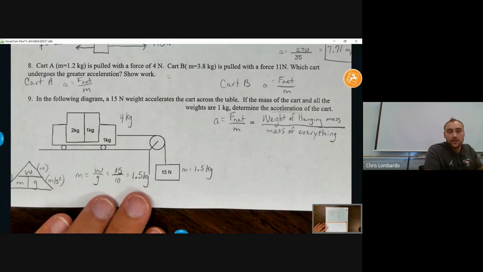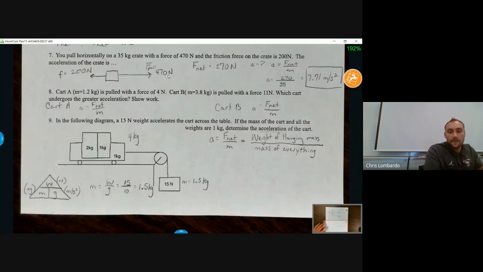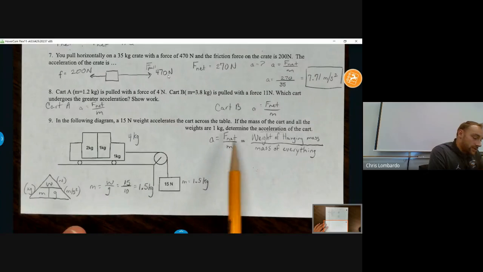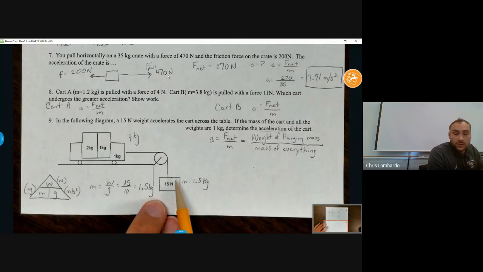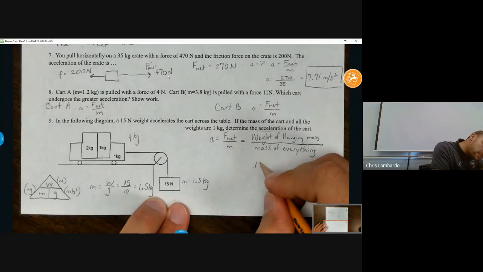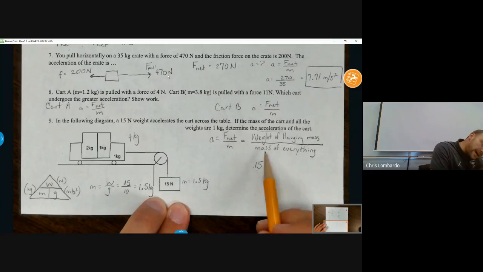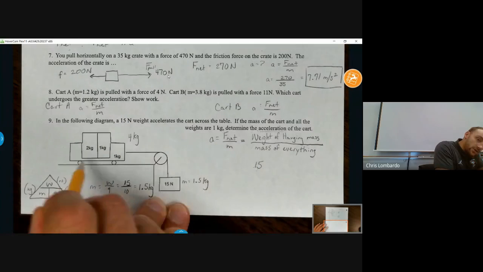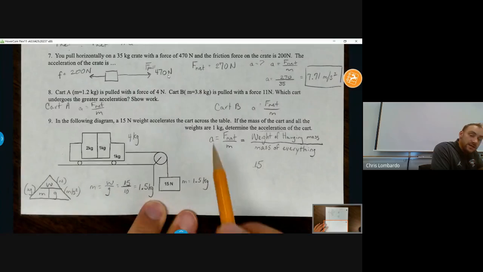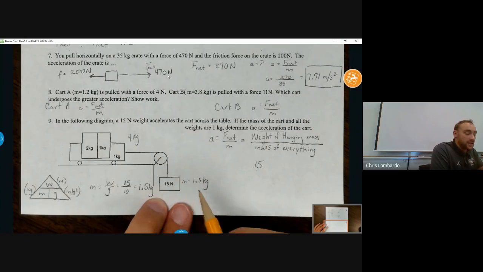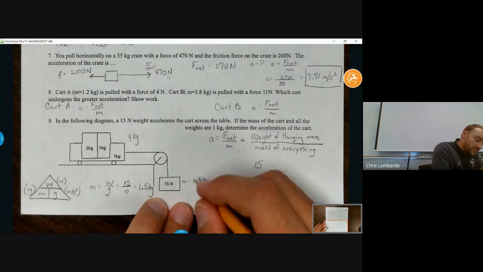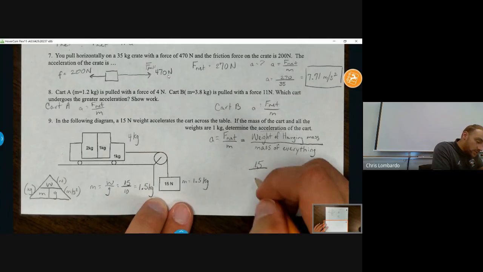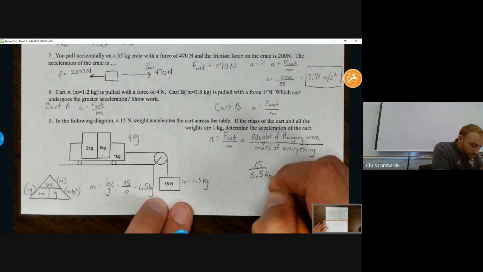If I zoom out for a second so we can see here, the acceleration is the net force, the weight of the hanging mass, which is given to us as 15 newtons, over the mass of everything: the mass of the cart, the blocks in the cart, plus the mass of the hanging block itself. So it's the 4 kilograms plus the 1.5. 4 plus 1.5 is going to give us 5.5 kilograms.